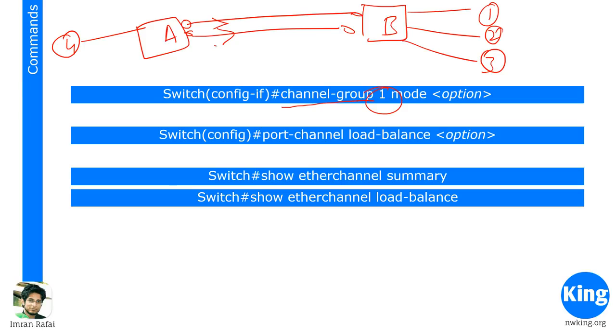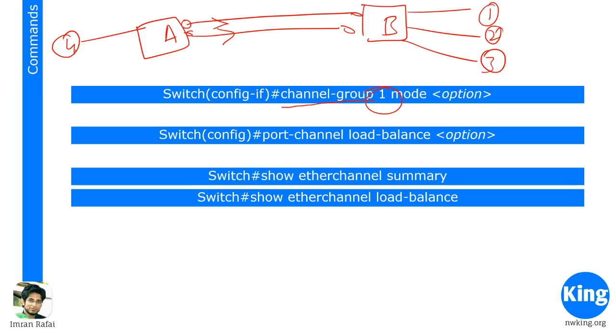In EtherChannel, load balancing happens in different modes. By default, Cisco switches do source MAC address. So let's say they have a hashing algorithm. After doing the hashing algorithm, it decides one of the ports. So let's say, for instance, the hashing algorithm is done with the source MAC address.